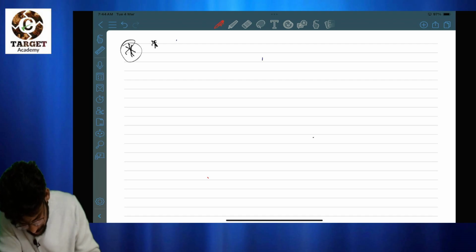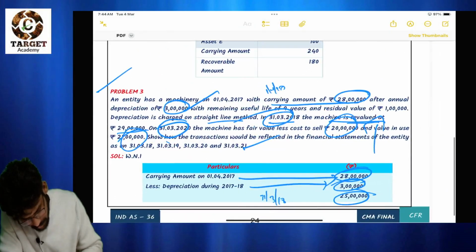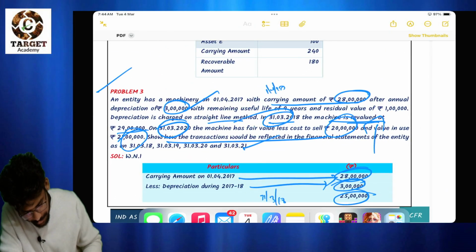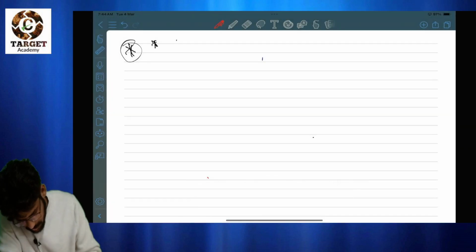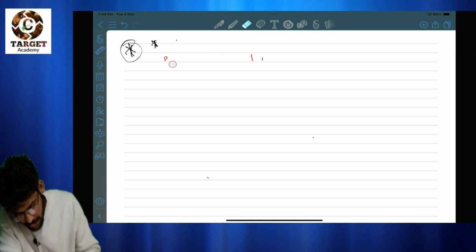Okay. So what is the question? Transactions should be reflected in the financial statements of the entity, right? Please note down. Effects in statement of P&L.